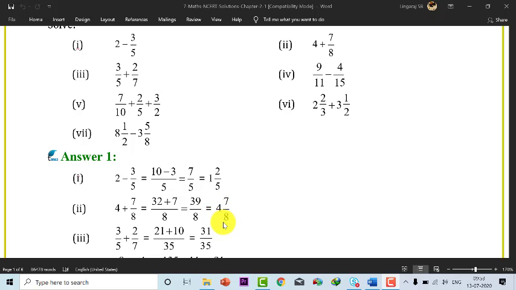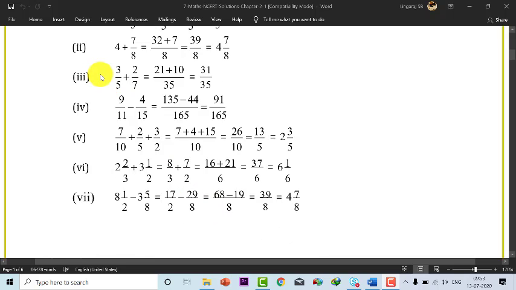Next we can move to question number 3, which is given 3 by 5 plus 2 by 7 is equal to. The LCM of these co-prime numbers 5 and 7 is 35. So then we can multiply 5 into 7, 35, and 7 into 5 we will get 35.